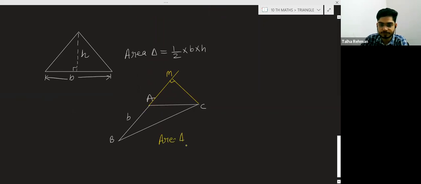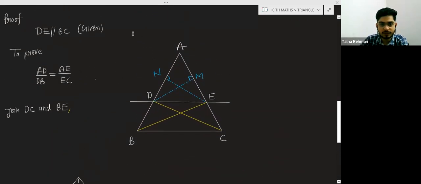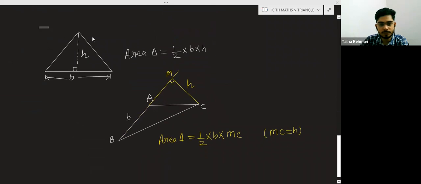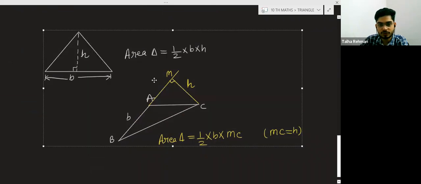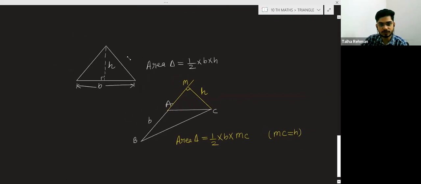Area of triangle is half, base is b, height is MC. Suppose I am calling this MC as h. So this concept, the area of the triangle concept, we will use here. If you do not know how to calculate the area of this type of triangle, then we cannot prove this.